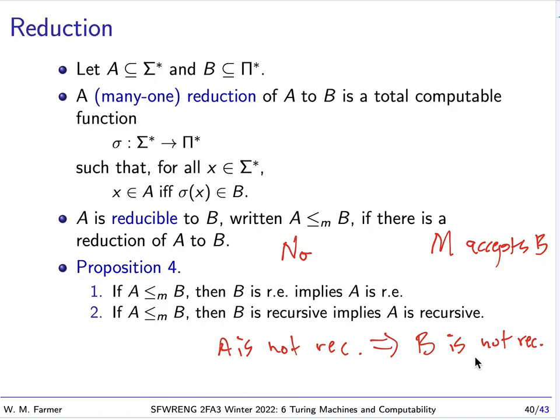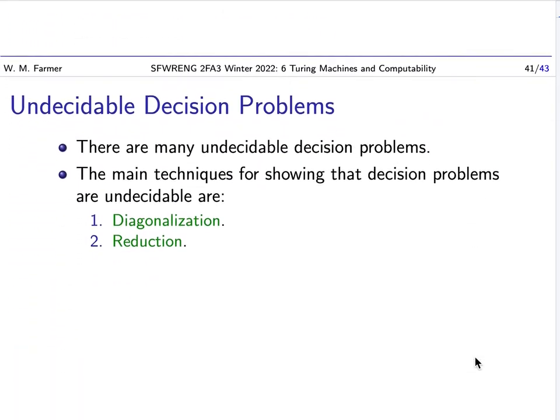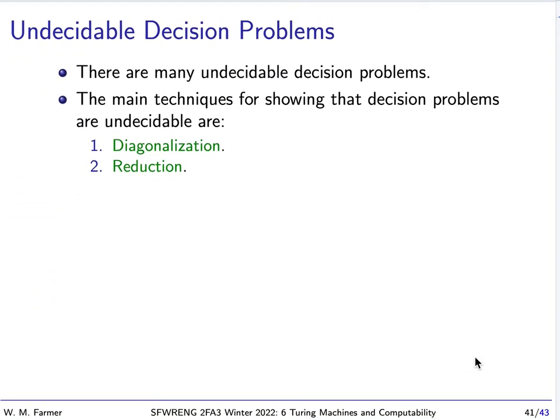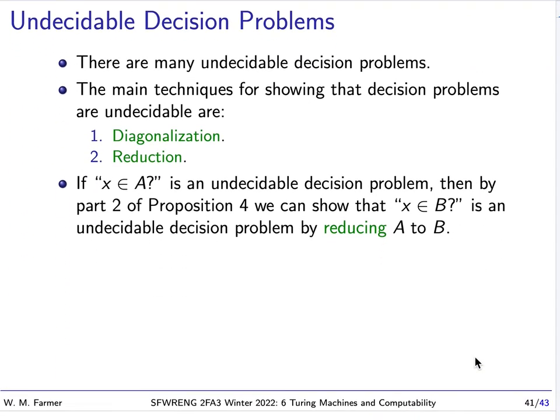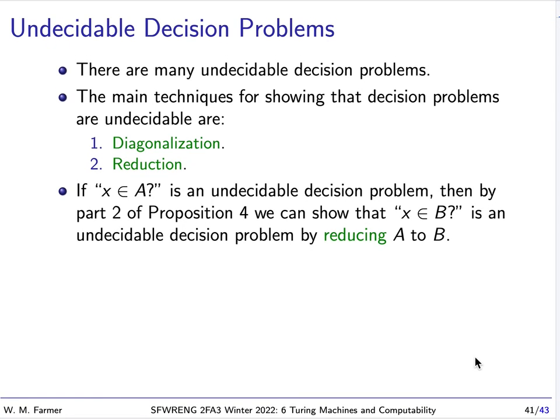So by using reduction, we can show that other problems are undecidable by reducing to those problems we know are already undecidable. So to sum up, once we have some undecidable problems, which we show by diagonalization, then we can use reduction to show that many, many other problems are also undecidable.